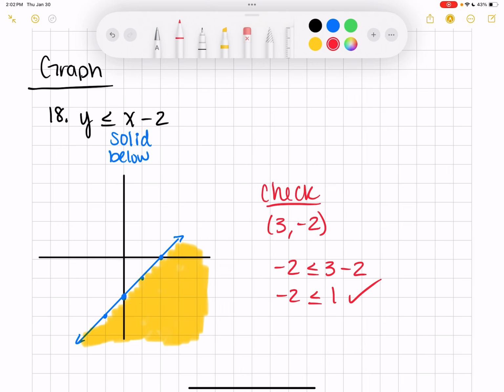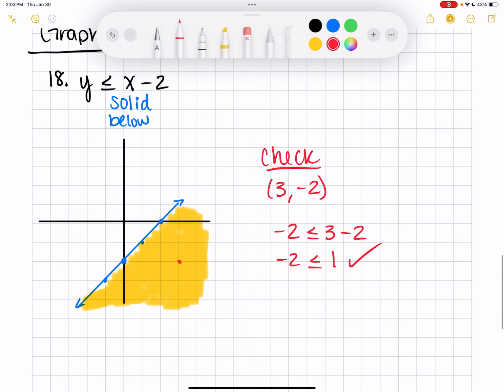Okay, so the number that I picked was down here. And we could have chosen a variety of them. I could have even chosen 4, 0, and I could have plugged that one in, and that also would have worked. There's so many options that you could pick. You could pick a number way down here, but that will tell you if you shaded right or not. Does it still work if you use like half of the interval, like 0.5? Like you use a fraction?